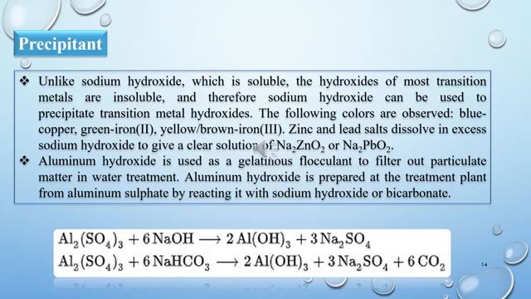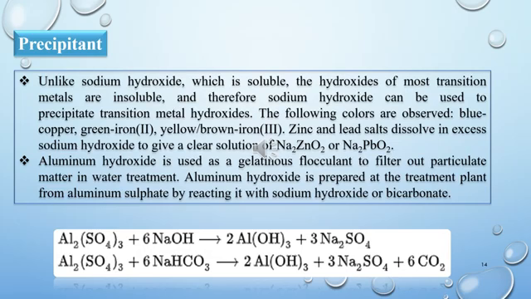What it means is that, unlike sodium hydroxide, most transition metal hydroxides are insoluble, and sodium hydroxide is soluble. Now, sodium hydroxide can be used to precipitate transition metal hydroxide. When it is precipitated, then different colors will be obtained.